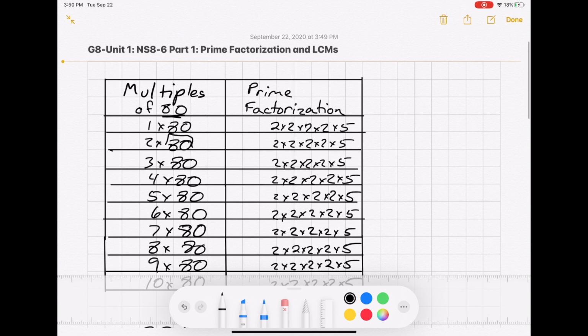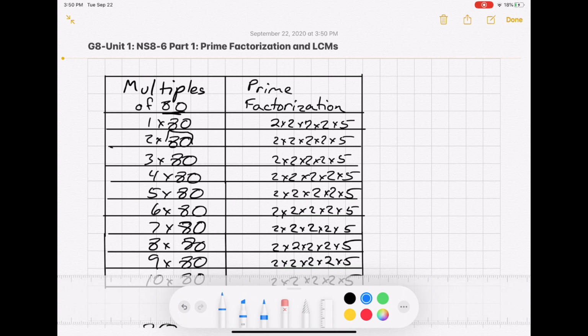I'm just going to switch colors so you can see this. The 1 I don't have to do anything with, but the 2 here I have to add in. If you multiplied this out, this here would be 80, and then I multiply by 2, and so that'd be 160. So that is a multiple of 80.